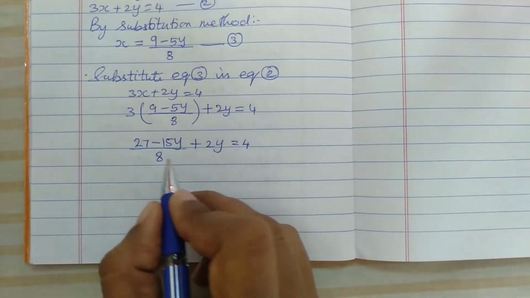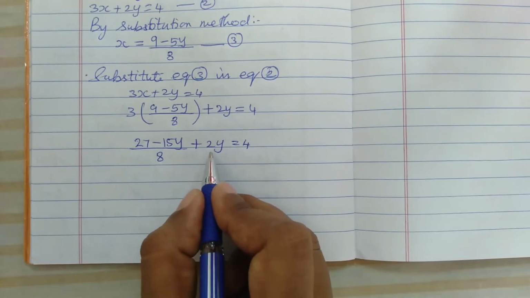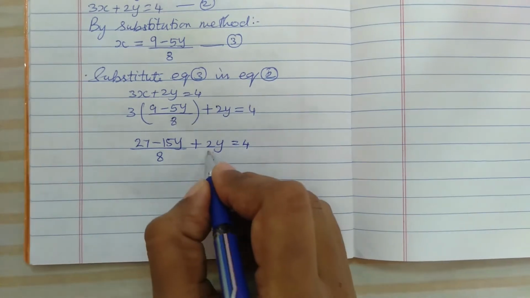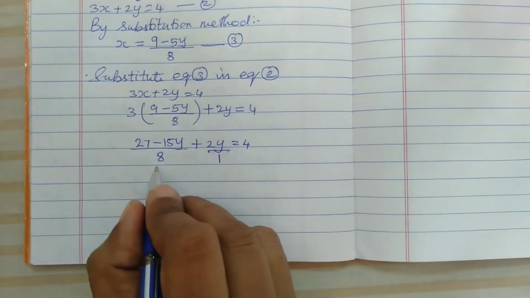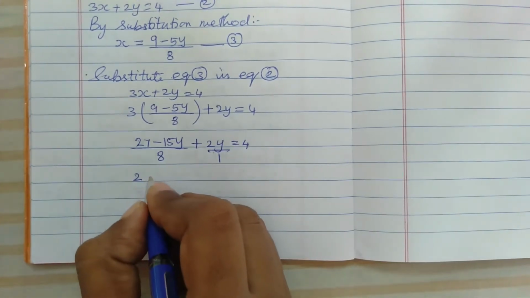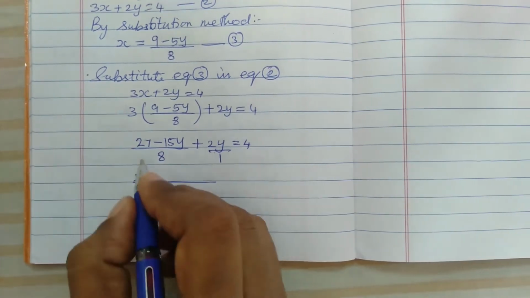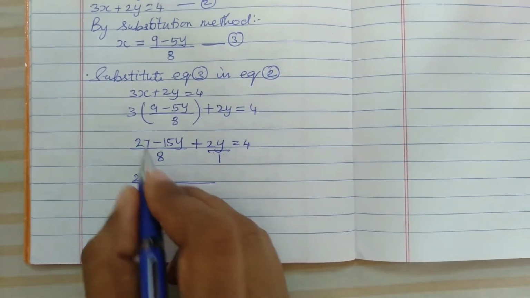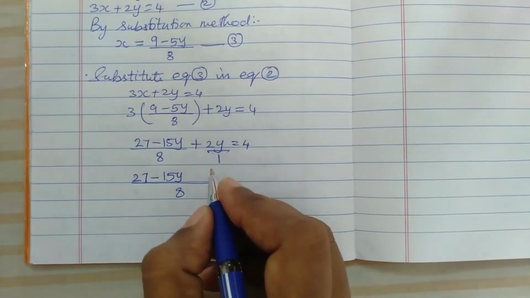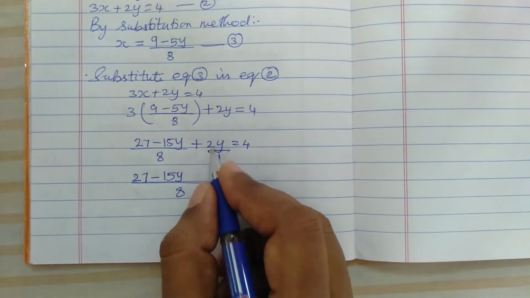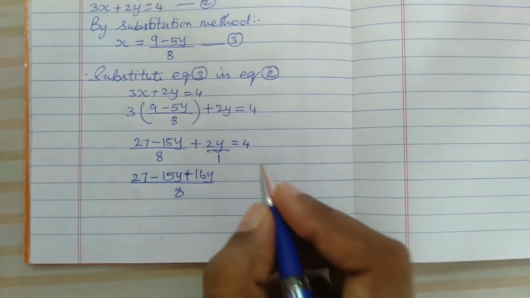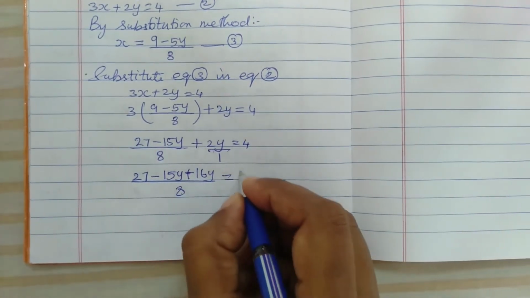Now we have to get a common denominator here so that we can eliminate the denominator. So we need to write 2y by 1 here, so that your 8 becomes the LCM. So you can write by 8: 1 into 27 is 27, 1 into minus 15y is minus 15y, and then 8 into 2y will become plus 16y, since 8 into 2 is 16, is equal to 4.